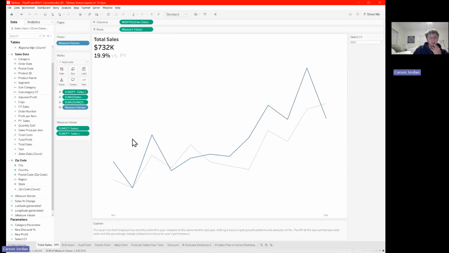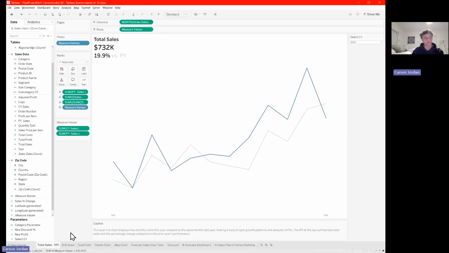The dual line chart displayed the monthly sales for this year and compared the months from last year. So it made it pretty easy to spot the growth patterns and seasonal shifts. The KPI at the top summarized the total sales and the percentage change compared to the prior year's performance. It indicated that the improving early year performance could help stabilize the annual results.